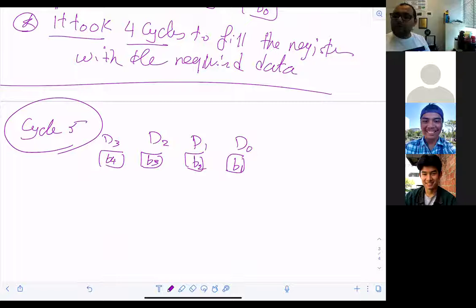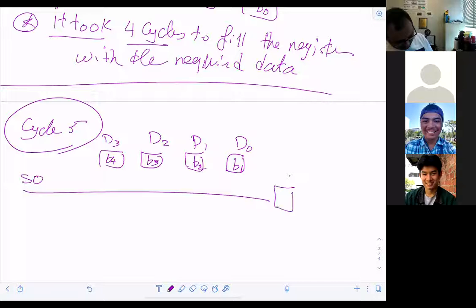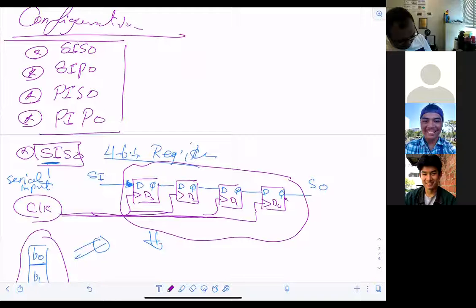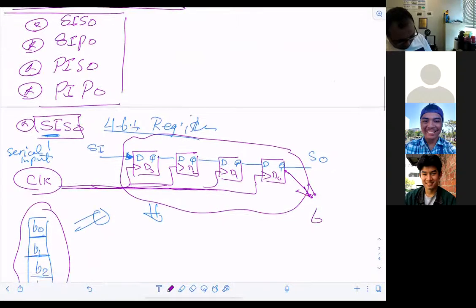And what will be the new output? The output SO will be having what? B0 as an output, because there is nothing more. So basically this Q is going to be holding B0 in the cycle number what? Cycle number 5.